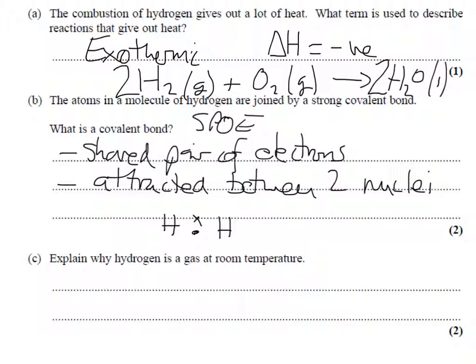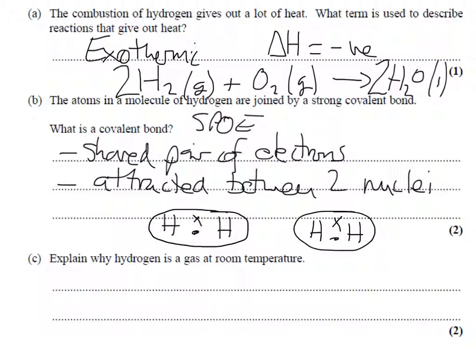Now, hydrogen is a simple covalent molecule. It doesn't form a giant structure like diamond or graphite. It's a simple covalent molecule. And therefore, this unit here is a molecule, and here is another molecule.